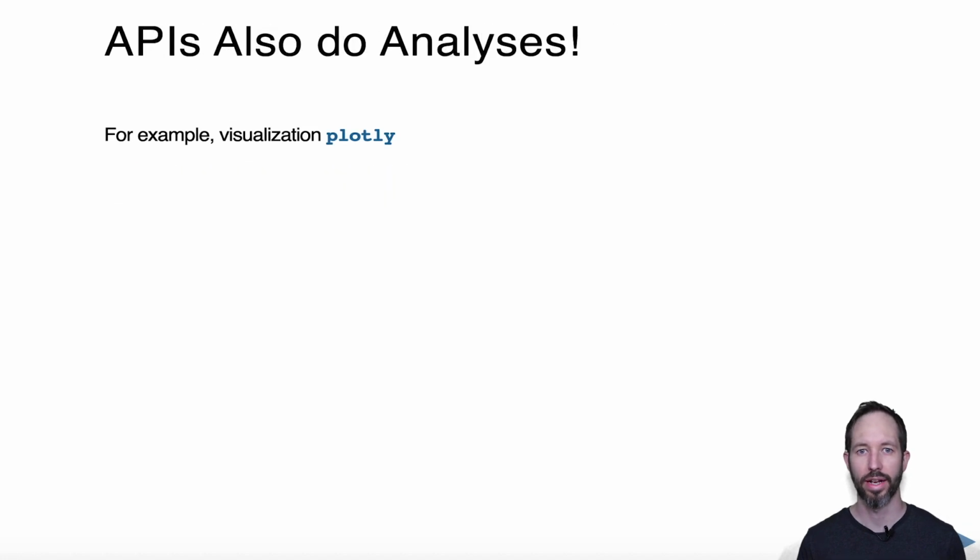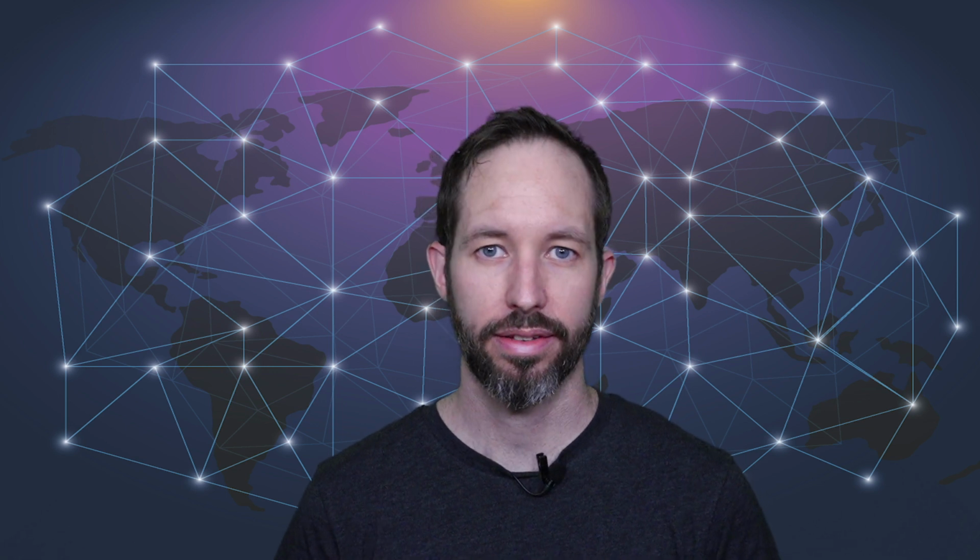Finally, I just want you to know that APIs, that we've talked about them mostly as a source of generating or collecting data, increasingly we're seeing APIs being used for analysis itself. So for example, the Throttling library can be used as a tool for making visualizations, and that's actually calling an API.